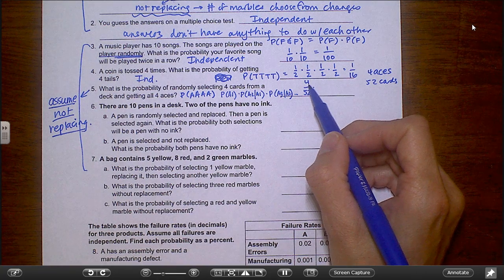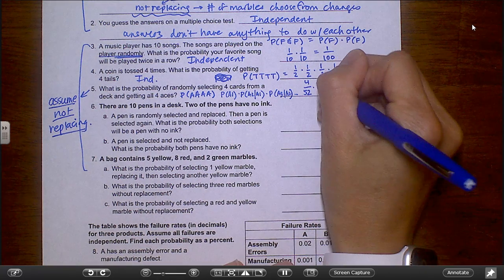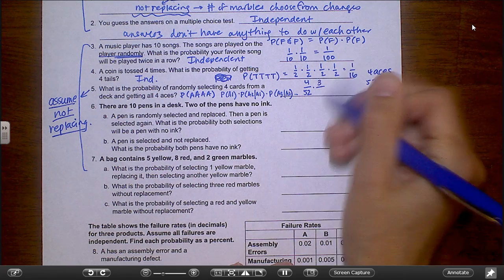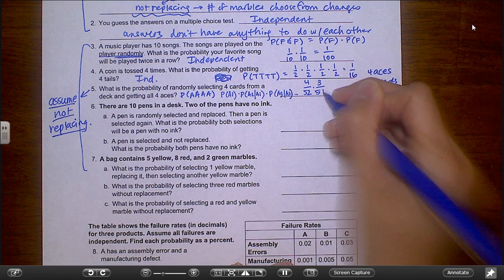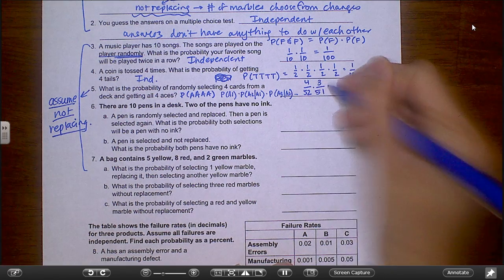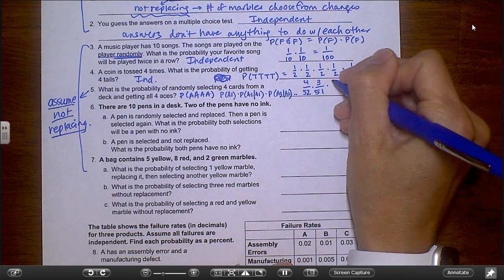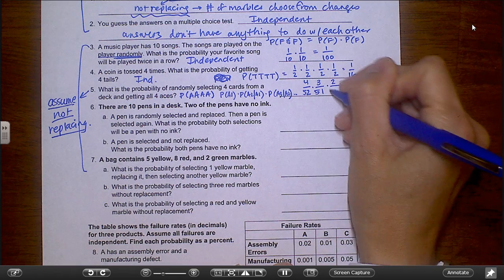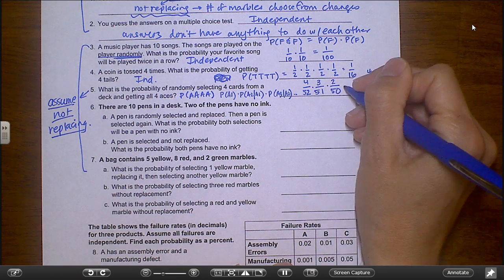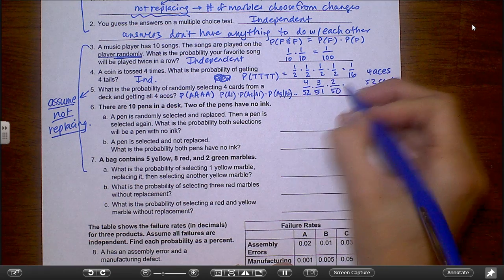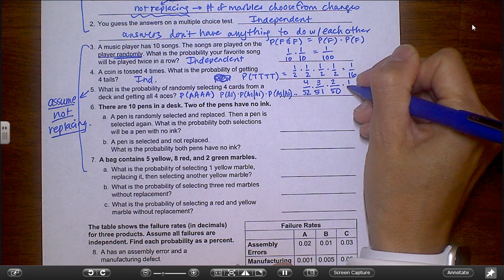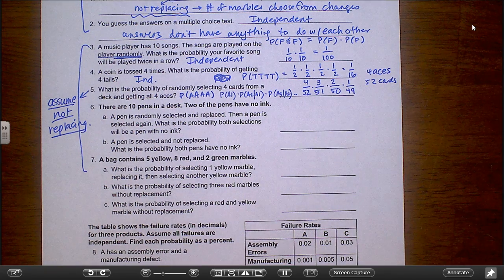If that is true, how many aces do I have left? Well, I have 3. How many total cards? 51. That third ace, I got ace 1 and ace 2. So now I only have 2 aces left, and I have 50 cards. And then now I only have 1 ace left, and I have 49 cards.